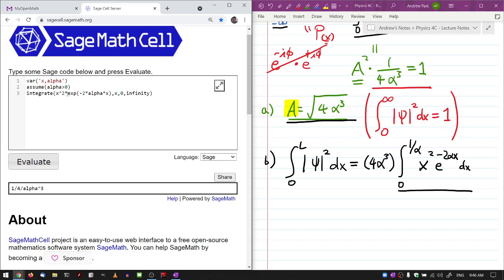So I think I can just take this and modify it a little bit. Instead of going from x equals 0 to infinity, going from x equals 0 to 1 over alpha. Everything else stays the same. And, oh, I think I want to simplify that. So let me put it through full simplify. I think that's the right function name.